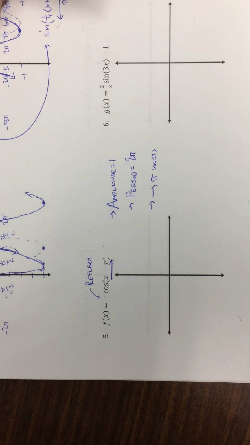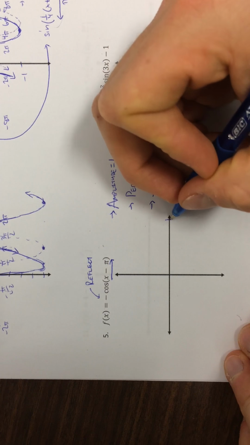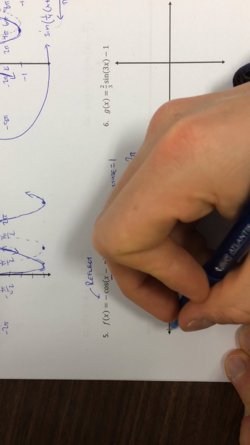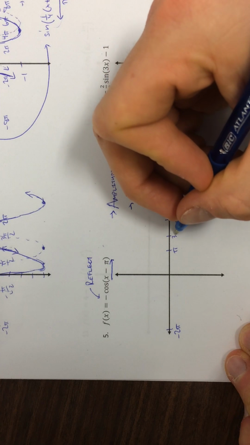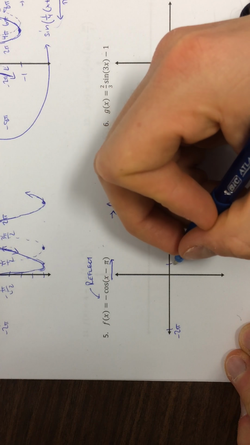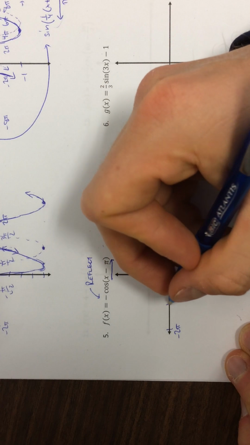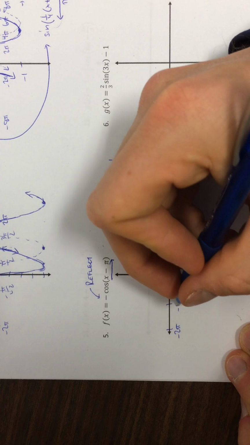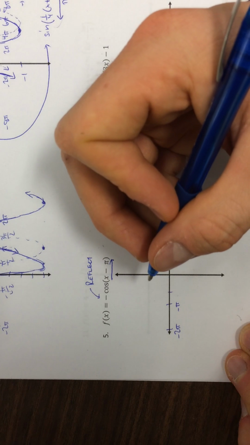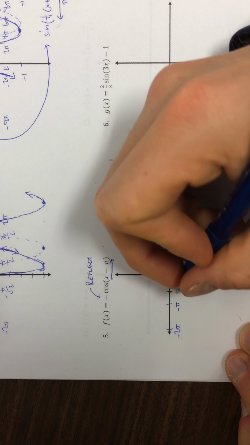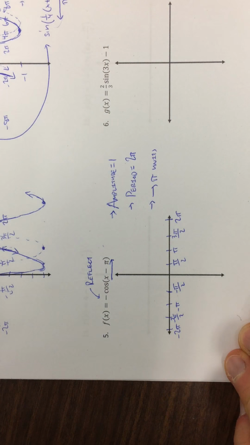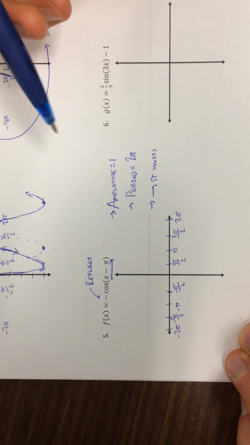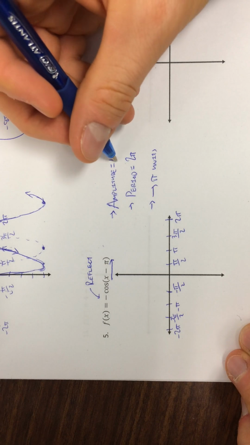Okay. So let's go ahead and graph our function. So if our period is 2 pi, go ahead and do this. Our amplitude is 1.